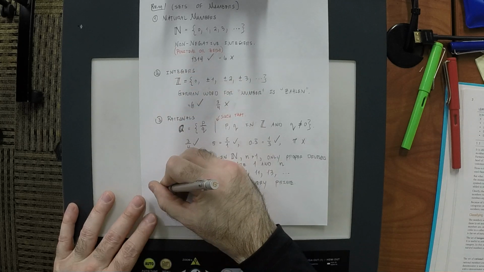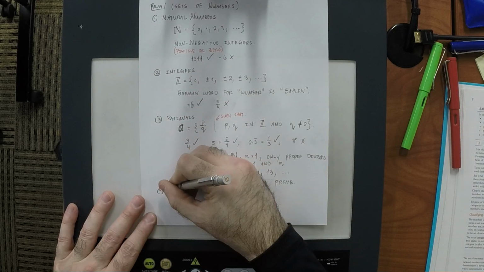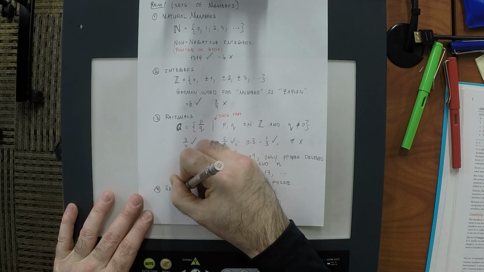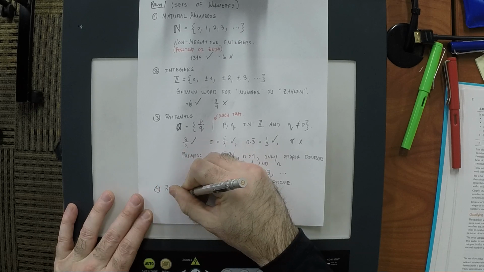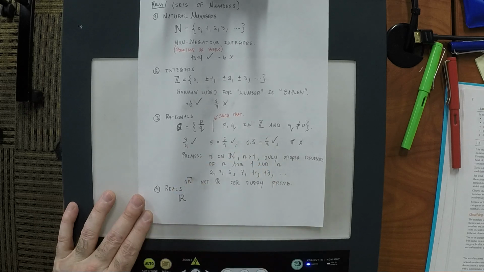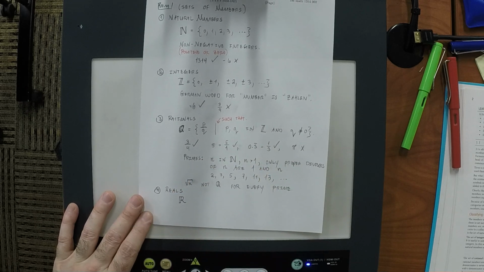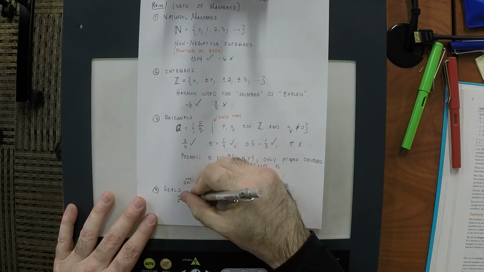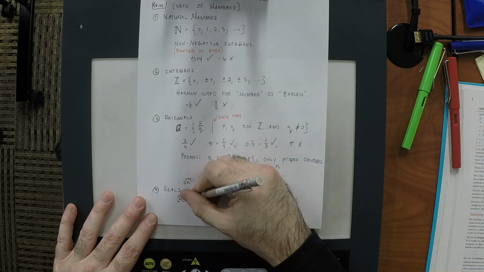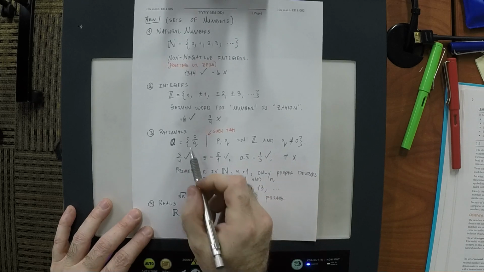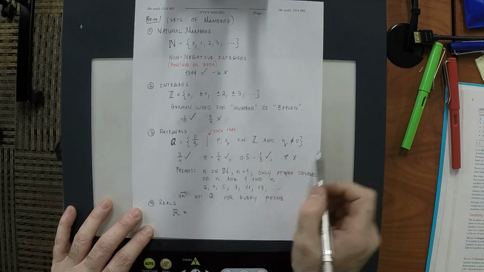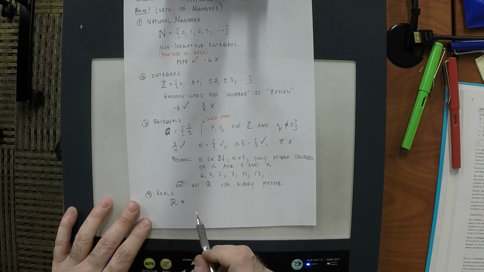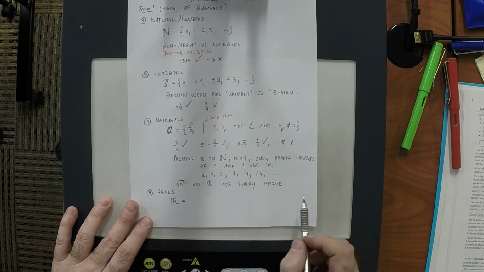Finally, the last set of numbers that we need to know by name is called the reals. That's the name we're going to give it, and it's denoted with a fancy looking R. There's not an easy way for me to write equal to and then write a set; we don't really have enough math to write that down.